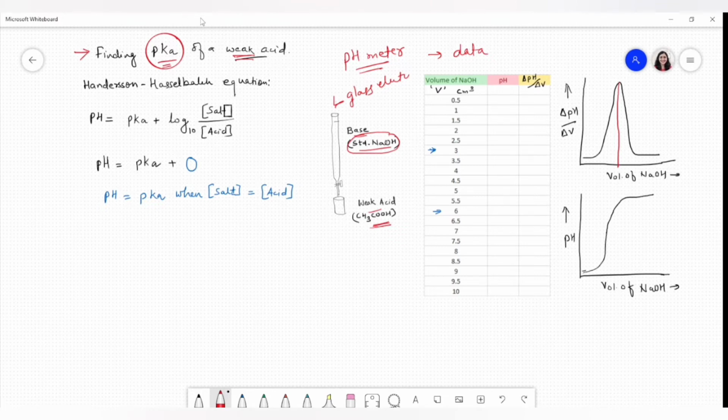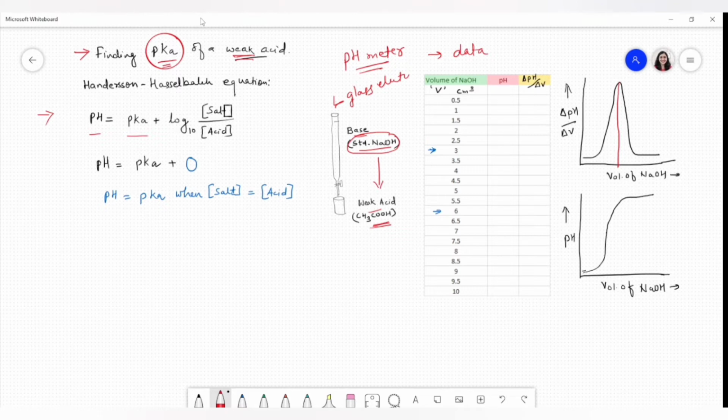So with the help of Henderson and Hasselbalch equation, we get this equation over here, which is pH is equal to pKa plus log of concentration of salt upon concentration of the acid. Salt is going to form when we add the base to the acid, and the acid will start getting neutralized.